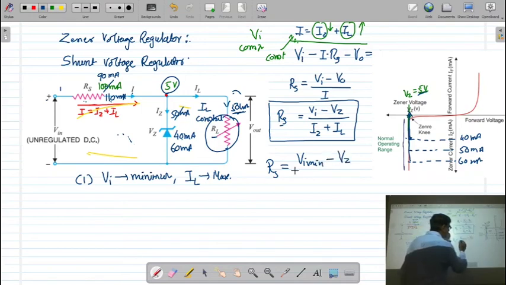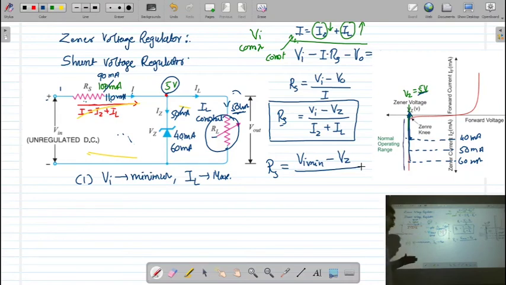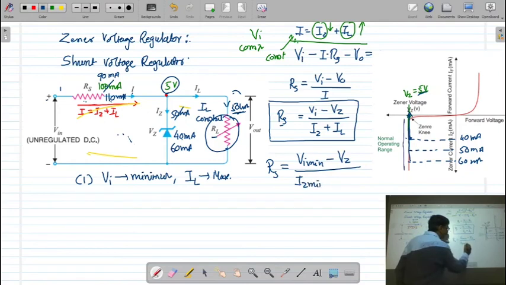minus Vz divided by... Now you recall that if my input voltage decreases, then the zener current will also decrease. If the input voltage is minimum, then my zener current is also going to be minimum. So here I have to consider the minimum value of the zener current.